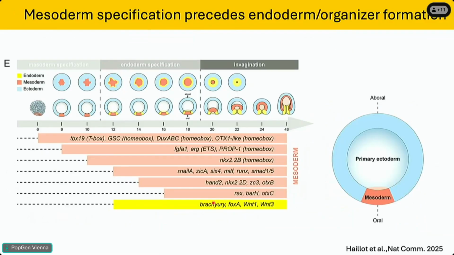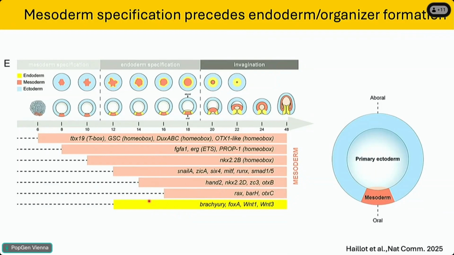When we look at the temporal aspect, at how these different territories are specified, we see that every hour of early development you have a number of other transcription factors coming on in a cascade that are quite conserved between cnidarians and the bilaterians. A lot of known factors that some of you might recognize here, without going into detail. These are all mesodermal markers.